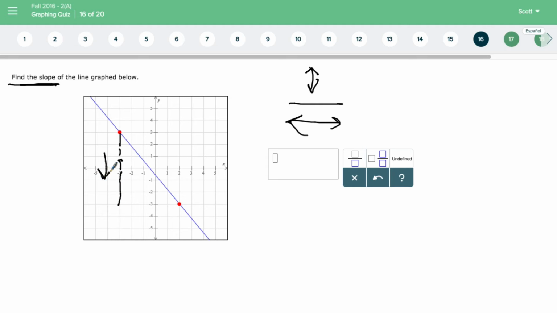So we went down 6, and we're going to go over 1, 2, 3, 4, 5. So we went over 5. By going down, you see the numbers are going towards negative, so it's negative 6. And by going to the right, we see it's all going positive, so we see positive 5. And so our solution is negative 6 over 5. That's our slope.